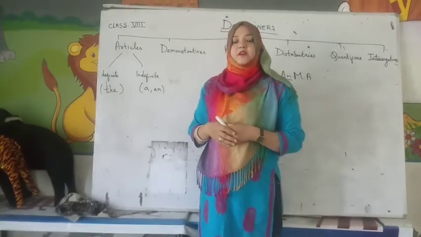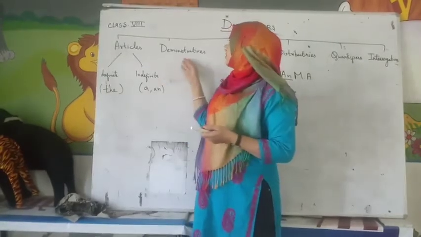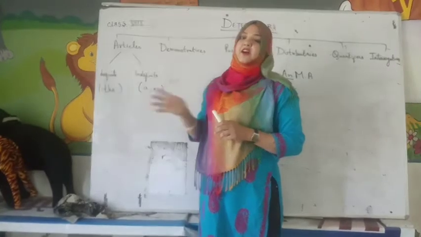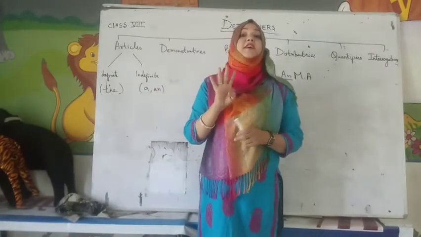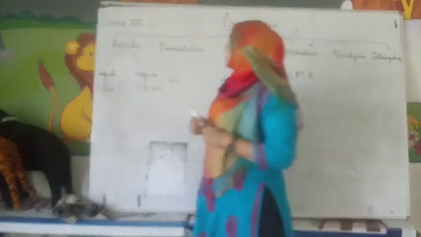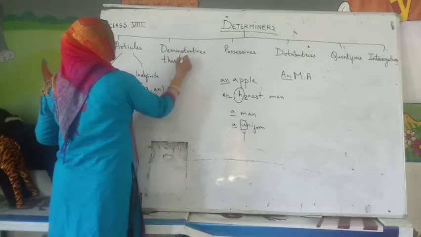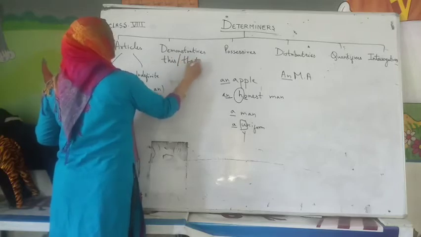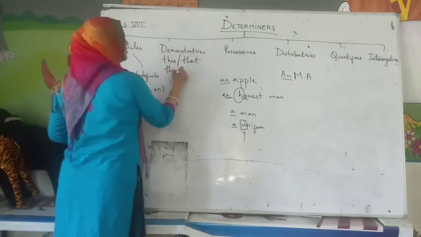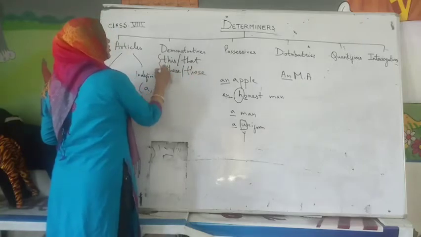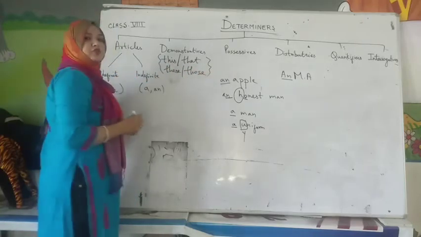So wherever there is the word demonstrative, whether adjective or pronoun, there are 4. Which are they? This, that, these, those. All these 4 are demonstratives.